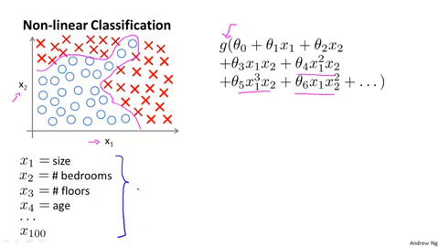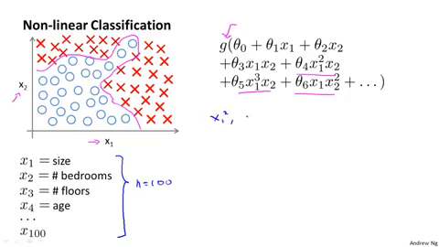So that would be a classification problem. And as we saw, we can come up with quite a lot of features, maybe 100 different features of different houses. For a problem like this, if you were to include all the quadratic terms, that is the second order polynomial terms, there would be a lot of them.